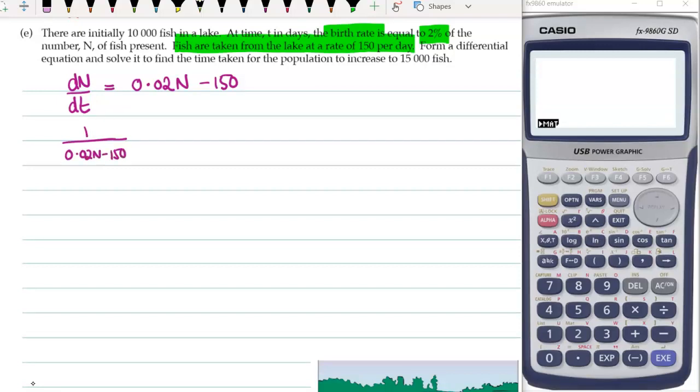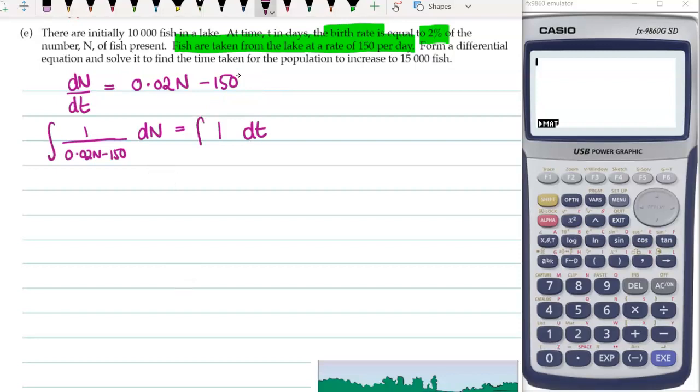And we have to always be doing divides and multiplies, not adding and subtracting. So I can't separate off the 150 from it. And we bring the dt up to the right hand side with just a 1 left behind, because this function on the right here would have been multiplied by, imagine it's in a bracket times by 1, and we've taken it over to divide on the left hand side.